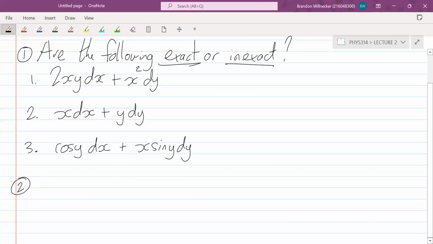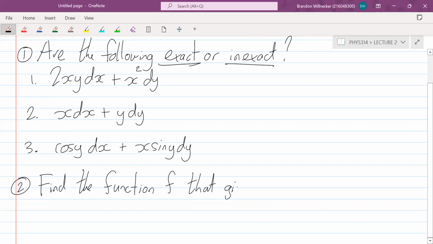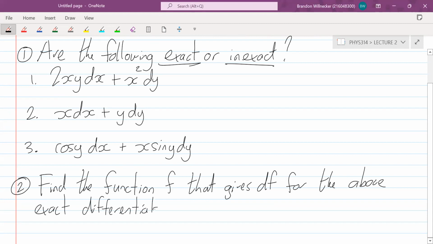Number two, find the function f that gives df for the above exact differentials. Some of the above here are exact.